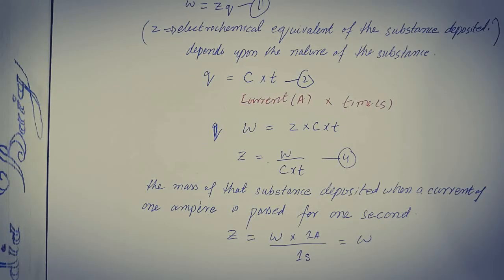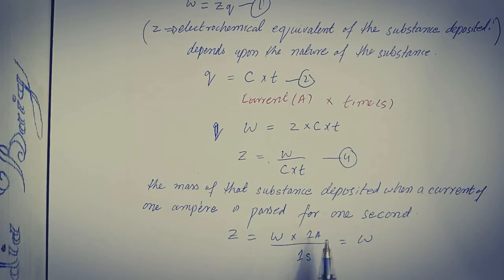Conversely, we can say that the electrochemical equivalent of a substance is the mass of that substance deposited when a current of 1 ampere is passed for 1 second. So we can call this electrochemical equivalent of the substance deposited equal to its weight.